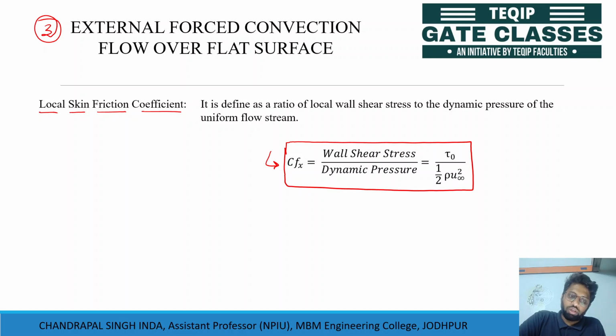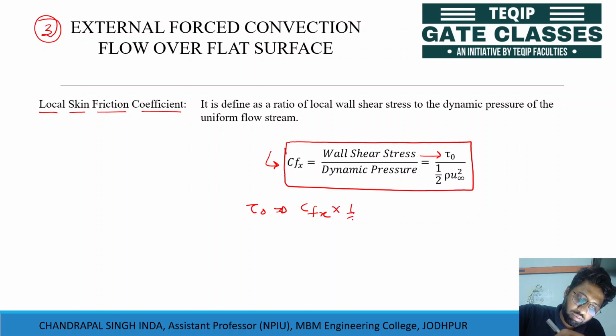Wall shear stress is denoted as tau 0, and dynamic pressure is half rho times free stream velocity squared. If we have the value of the local skin friction coefficient, then we can find the wall shear stress, which is equal to the local skin friction coefficient multiplied by the dynamic pressure.